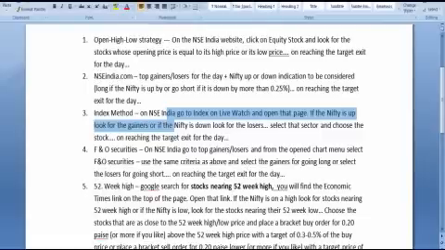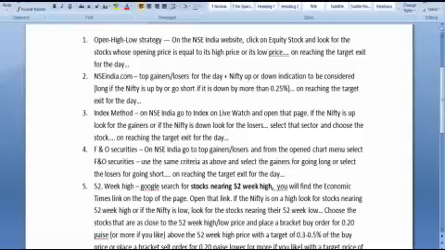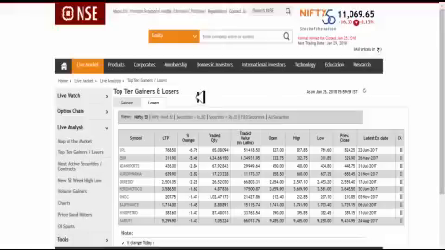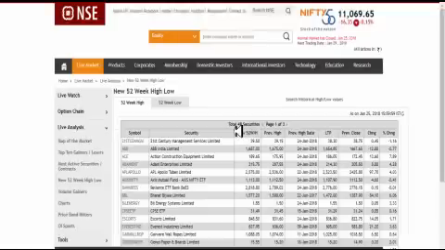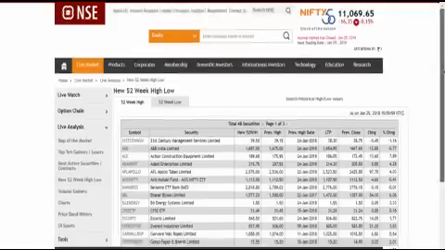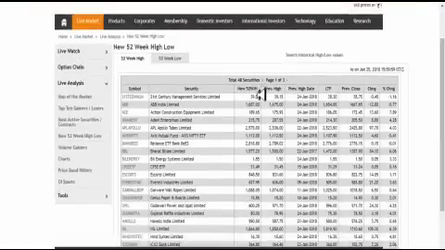This is interesting. We can do this two ways. We can either go to live watch, and here you see new 52-week high and low. You click on that and you will find new 52-week high and low.